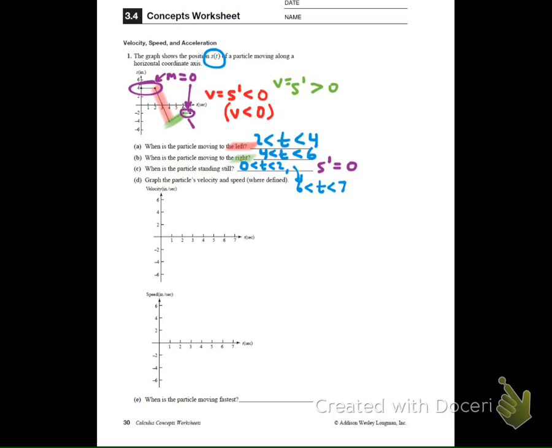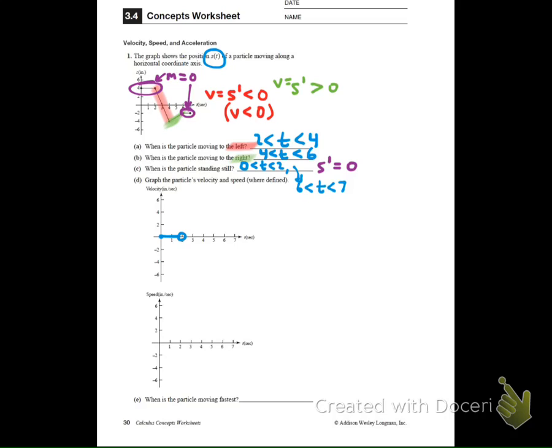So when the slope is equal to 0, between 0 and 2, with an open circle there on 2, that means the slope of the tangent line to this graph of s of t is equal to 0.